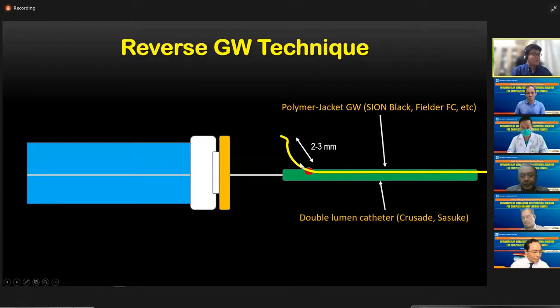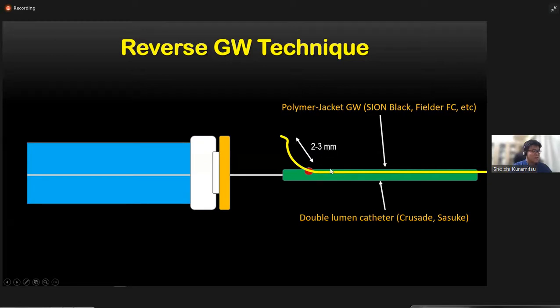As you asked me about the length of the wire tip, usually we set around 3 millimeters, not 2. However, it depends on the lesion characteristics.